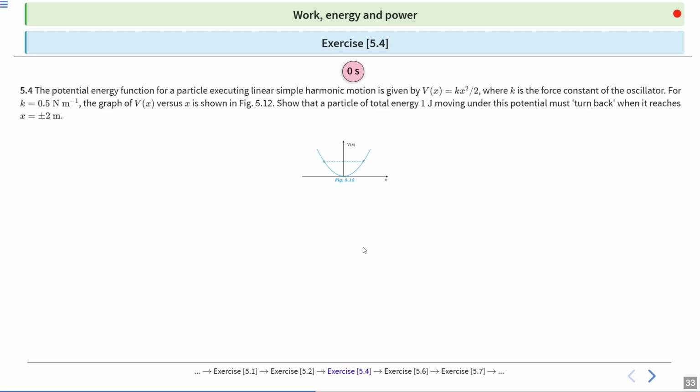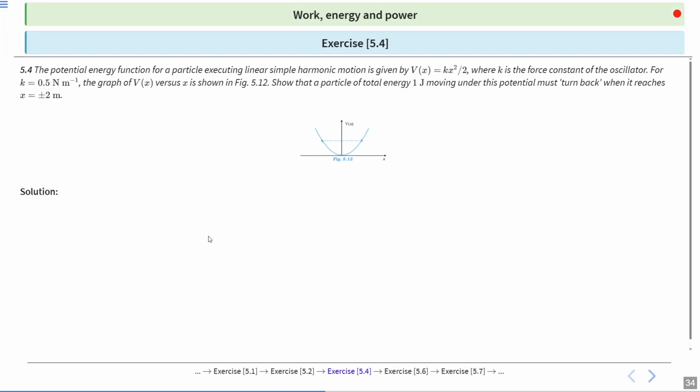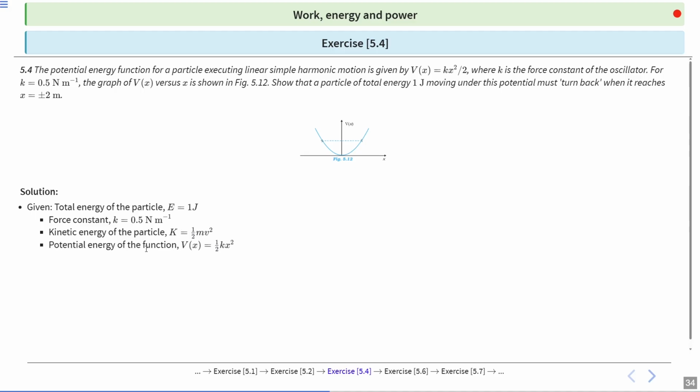Let's see the solution. Given total energy of the particle E is equal to 1 joule. Force constant k is equal to 0.5 Newton per meter. Kinetic energy of the particle K is equal to half mv square, and the potential energy function V of x is equal to 1 by 2 kx square.